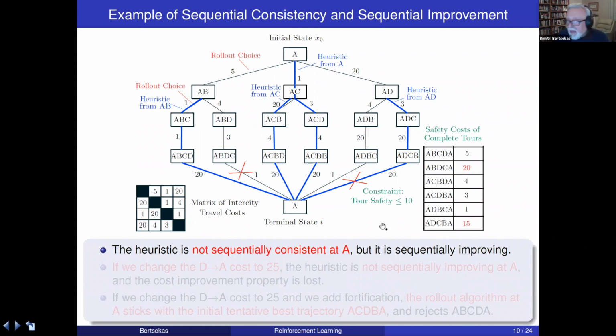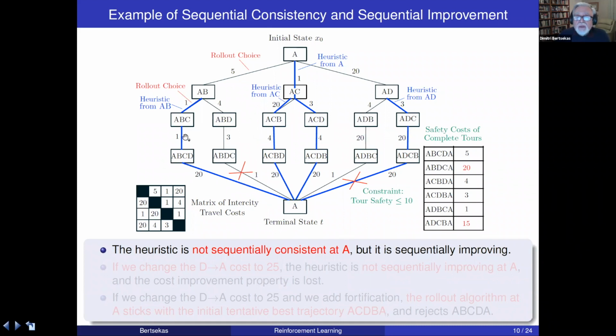But there's another requirement for sequential improvement, namely that if you run the base heuristic from any given partial tour, and there is a neighbor such that running the base heuristic from that neighbor gives you a better or equal value.